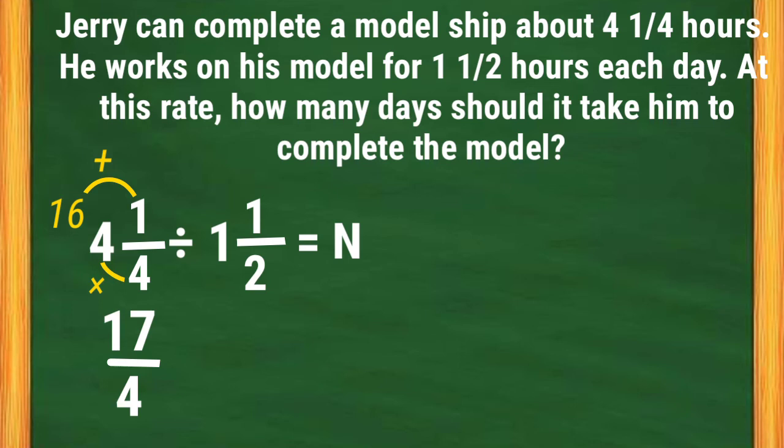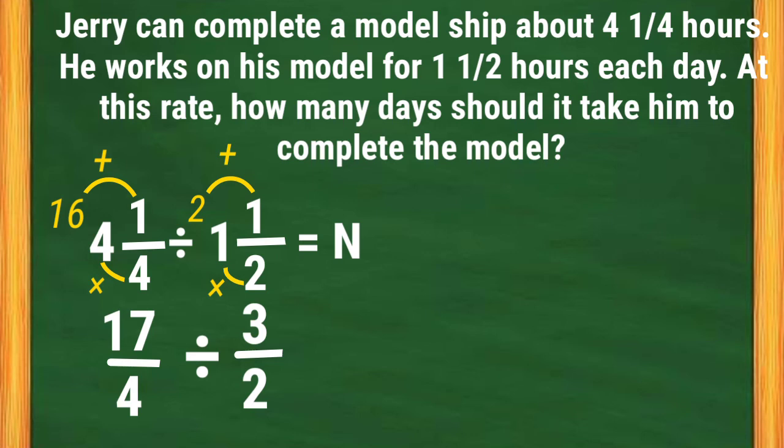So that is 17 over 4. Now 1 and 1/2. 2 times 1 is 2, plus 1 is 3 over 2. So 1 and 1/2 equals 3 over 2. So 4 and 1/4 divided by 1 and 1/2 will become 17 over 4 divided by 3 over 2.